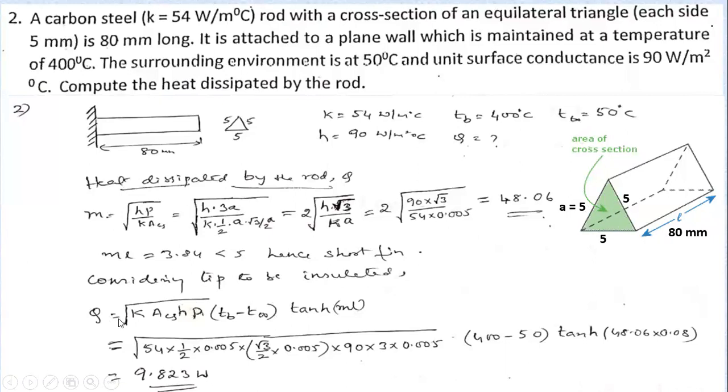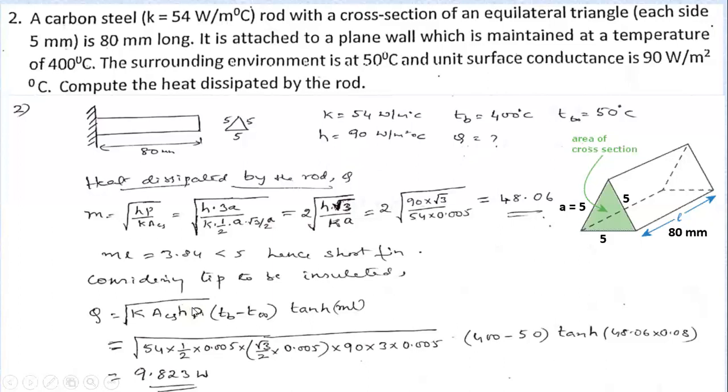So Q equals, use the data handbook, get the value of Q for a short fin insulated, and that value happens to be like this. Q is equal to root of hPkA into TB minus T infinity into tanh of mL. Now substitute the k value, conductivity, area, half into base into height of the cross-sectional area of an equilateral triangle, multiply by h, that is 90.